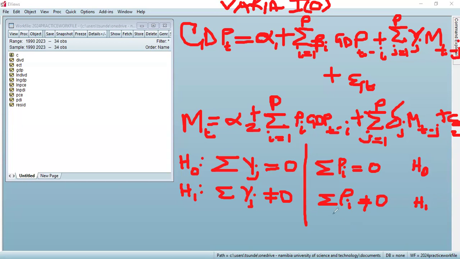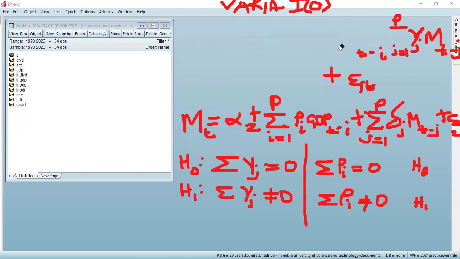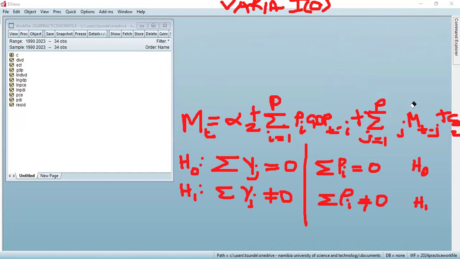And this is when we were using the vector autoregression model where variables are integrated of order 0. Now, we also looked at a situation where the variables are integrated of order 1. If you still remember.